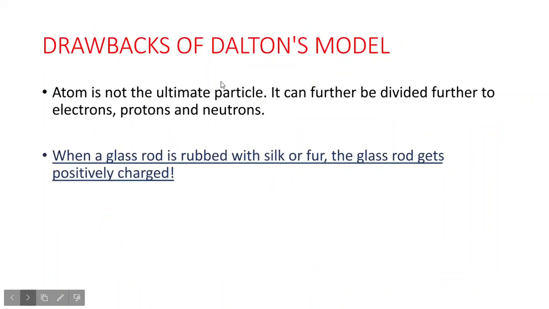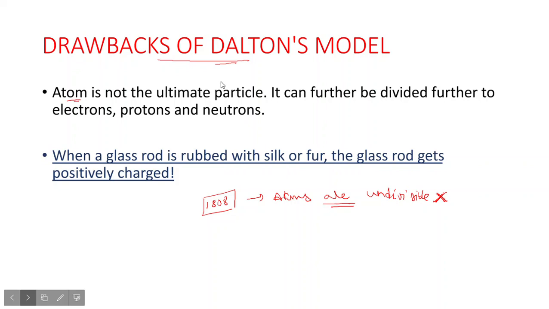Drawbacks of Dalton's model. What are the drawbacks of Dalton's model? John Dalton made his theory on atoms in 1808. He said that atoms are indivisible, but this statement was wrong. In the 19th and 20th centuries, scientists made several studies on the properties and structure of atoms.